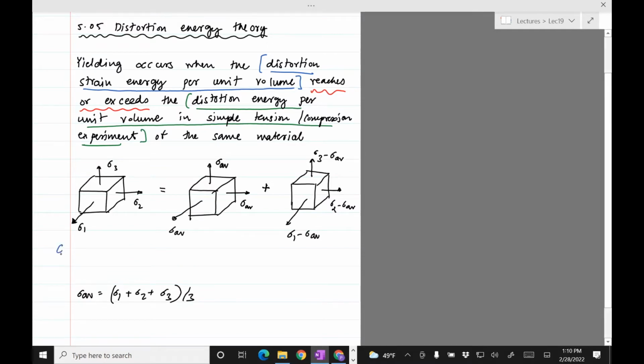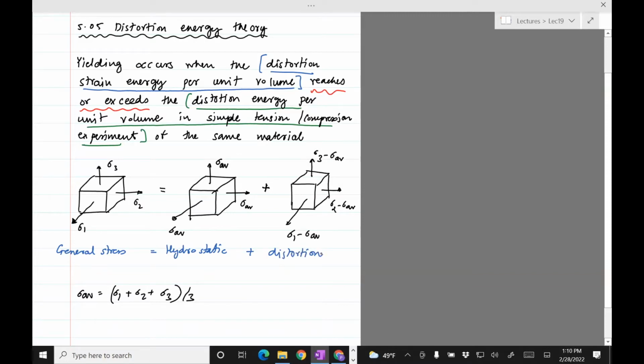So this is a general stress, which equals a hydrostatic stress plus the distortion part. Hydrostatic comes from the fact that if you have, let's say, a balloon and you fill it with air, then the pressure on all sides will be constant, and that's hydrostatic. And this part is the distortion energy part.